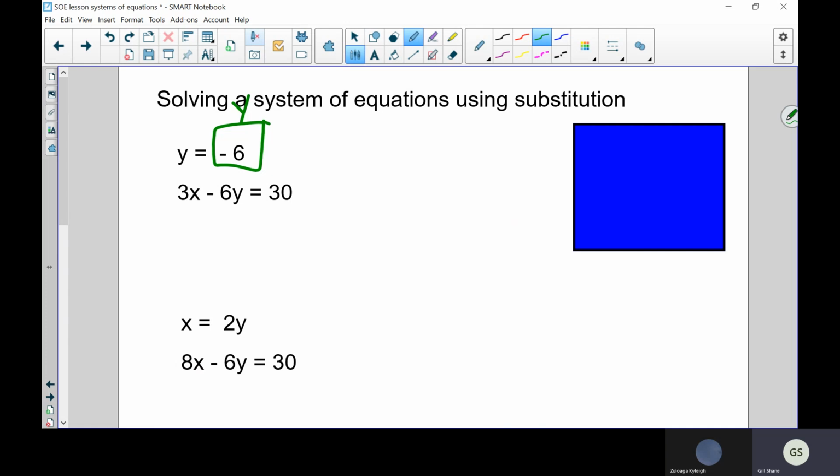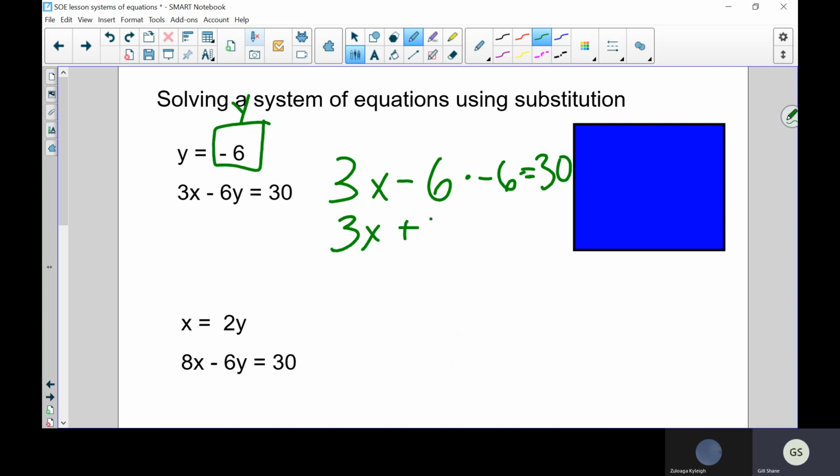That means if I go to this equation, I can get rid of that y. I don't need that anymore because I know it's the same thing as -6, and I can rewrite the equation with that. Now I can solve, because I have one variable and one equation.